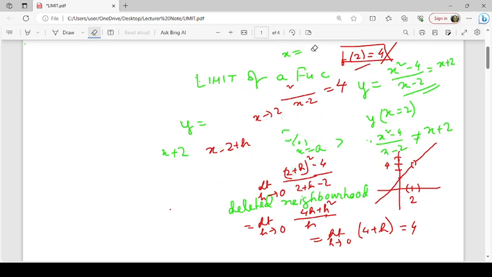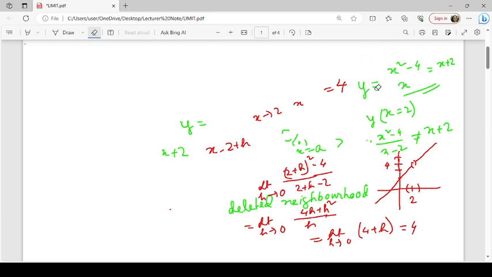Let's see this. When we do examples of limit, we always have to remember these things.